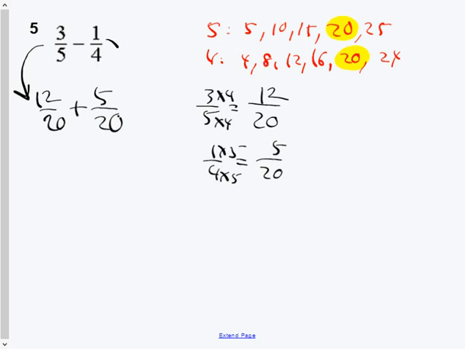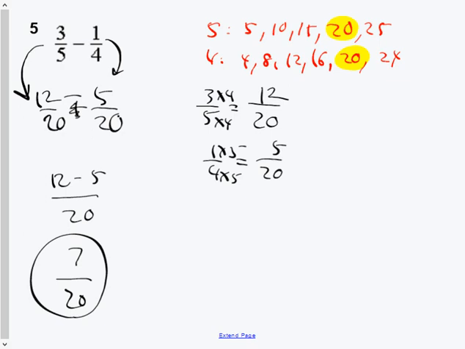So 1/4 and 5/20 are equivalent fractions. So instead of saying 3/5 take away 1/4, we can say 12/20 plus 5/20. And now that we have the same denominator, oh, sorry, it's subtraction, not addition. So now we can subtract our numerators and keep our denominator, and we end up with a final answer: 12 take away 5 is 7, so 7/20.